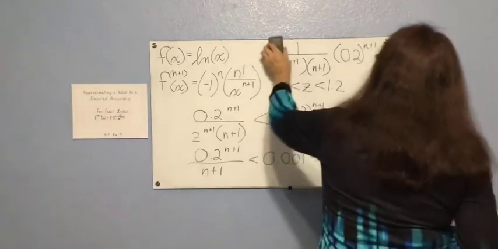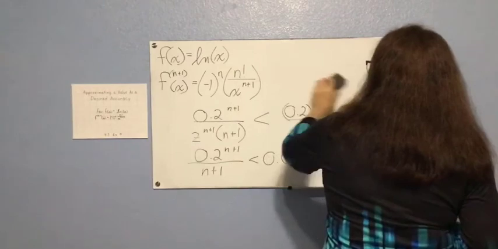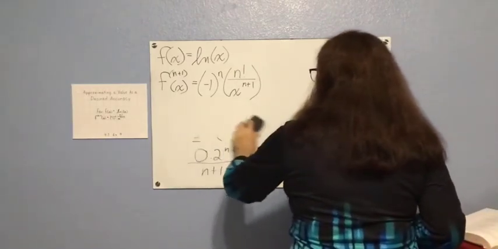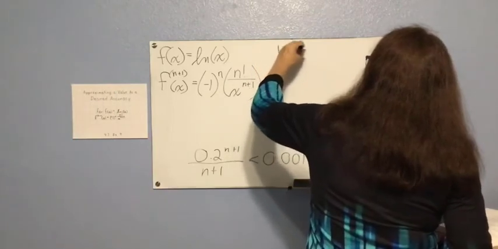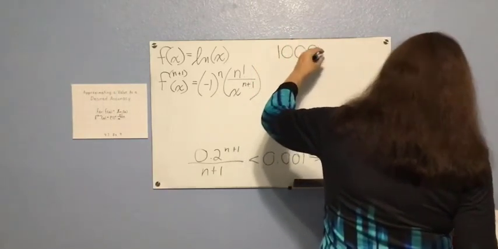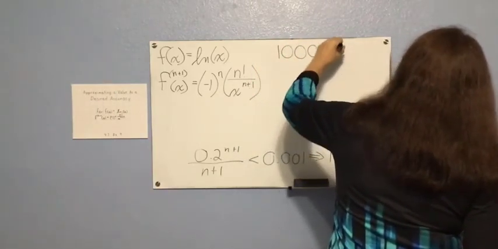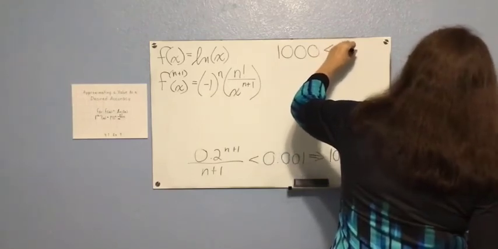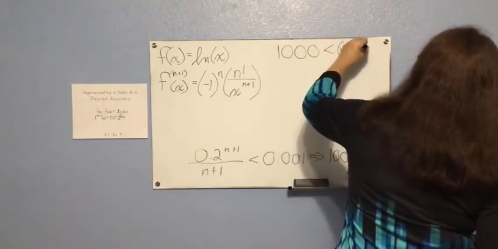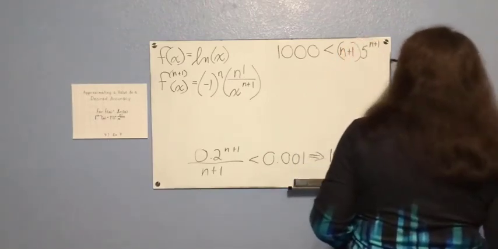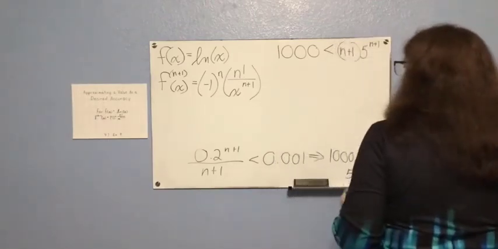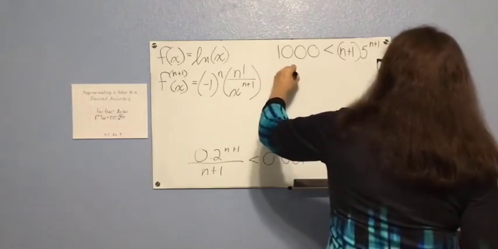Okay, so let's rewrite that up here. Just to be clear, I want 1,000 to be less than n plus 1 times 5 to the n plus 1th power. Okay, and then I'm going to use trial and error.